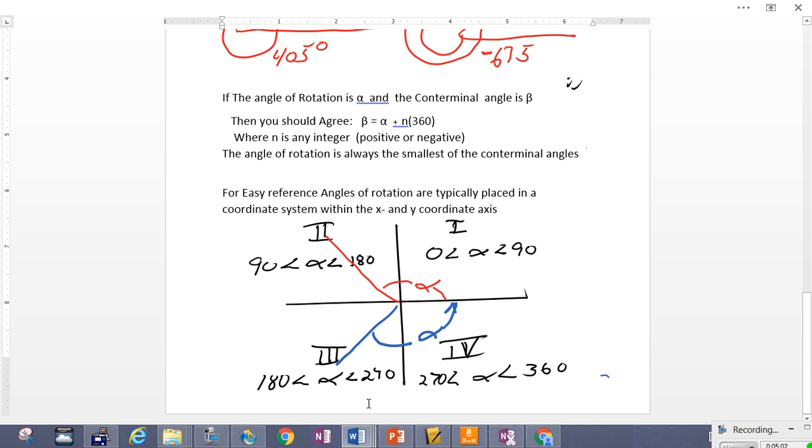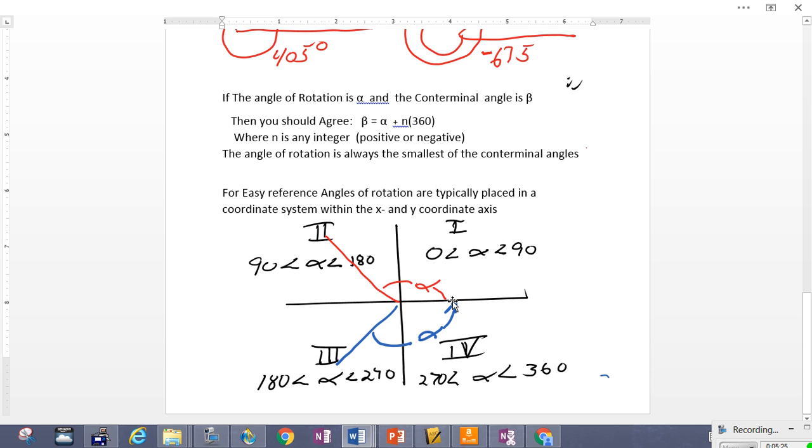And you can see the rest of them down here. In fact, the very reason the coordinate system is oriented with quadrants 1, 2, 3, 4 in this counterclockwise orientation is because our angles of positive rotation are counterclockwise rotations.